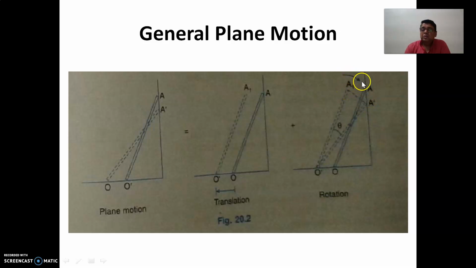The arrow is also showing this from A1 to A dash and O dash. So that's how the skidding of a ladder is also called general plane motion, and that general plane motion can be divided into two parts. One is the translatory motion and another one is the rotary motion. Okay.